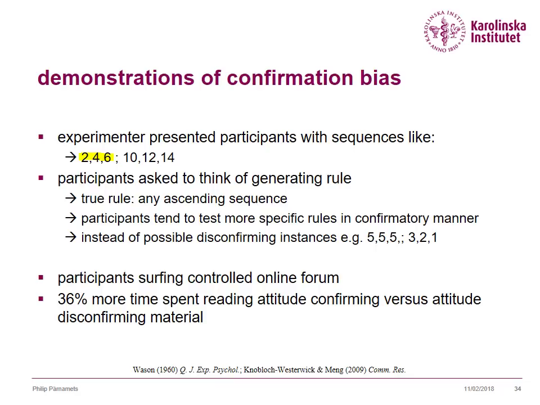So for example, the participant sees 2, 4, 6, and then thinks of a generating rule, and if you're like most people, you probably think that this means the sequence is incrementing by 2, so maybe they'll say 10, 12, 14, and the experimenter will say yes, this conforms to the rule.